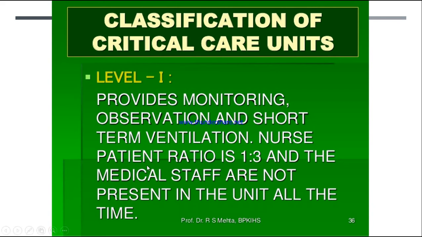The medical staff are not present in the unit all the time, not 24 hours. Whenever it is required, the nurse will call the doctors and they will come to the ICU. So this is level 1 classification of critical care unit.